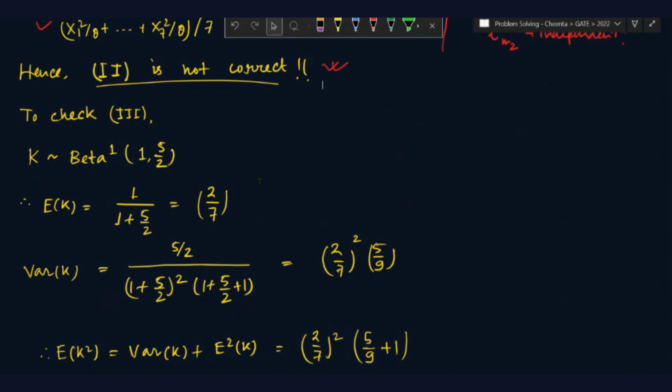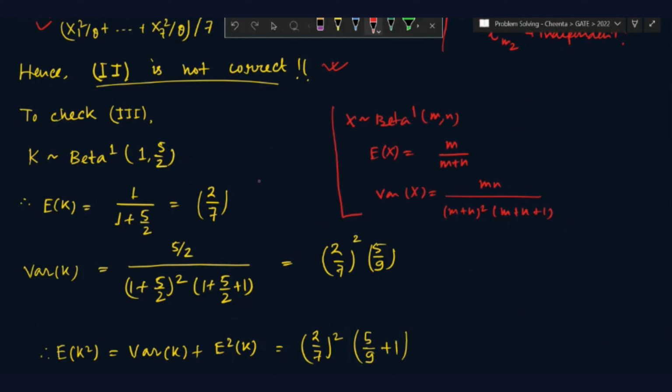For x following beta m n of the first kind, the expectation of x is m by m plus n, and the variance of x is mn by (m plus n) whole square into (m plus n plus 1). You can simply derive it, try it yourself if you have not tried previously.